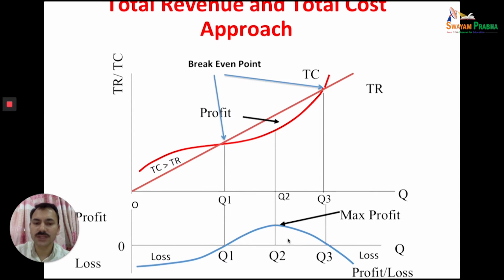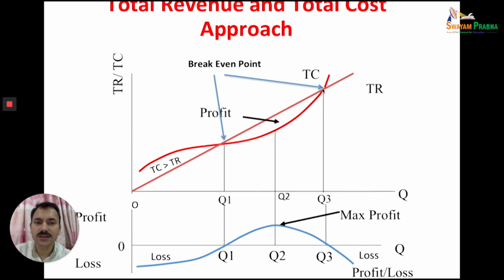No doubt, after this point also the firm has profit, but the total profit starts decreasing after OQ2. Now Q3 is also an equilibrium point. The firm will not stop producing the commodity here, because after this point total revenue still increases.